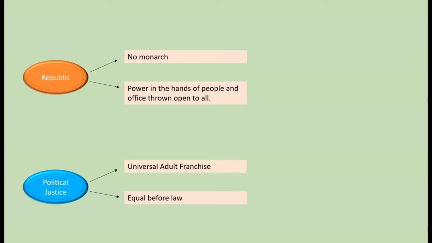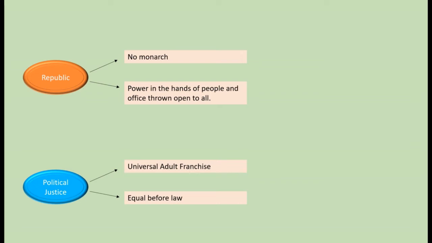Thus, India is a state without a monarch. Republic also means that supreme power lies in the hands of the people and all government offices are open to all citizens.